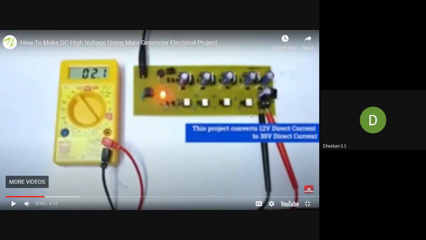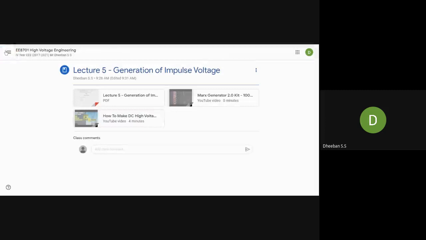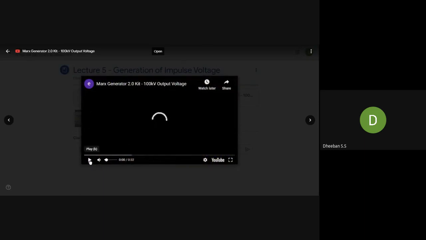There it is DC, but this is not a Marx circuit, okay, because the Marx circuit is for AC voltage. What he is giving is a DC input, and the output he is getting is 30 volt direct current. It is similar to a boost converter. Okay. So this video you can just omit. This video alone you can just see. This is how your Marx circuit generally looks. Okay.